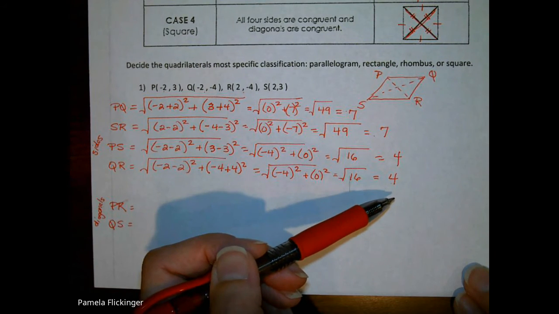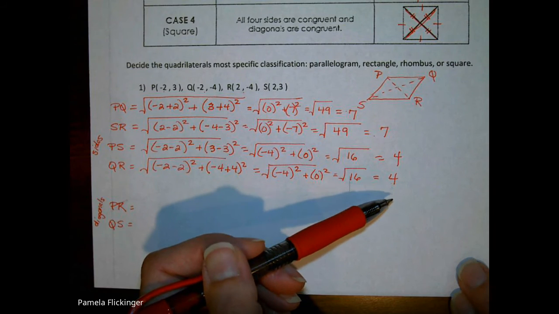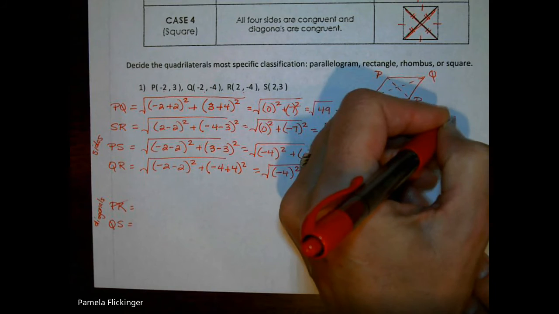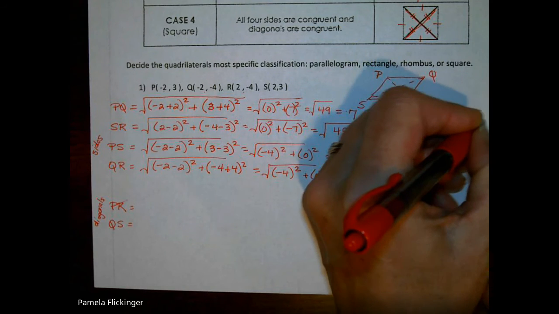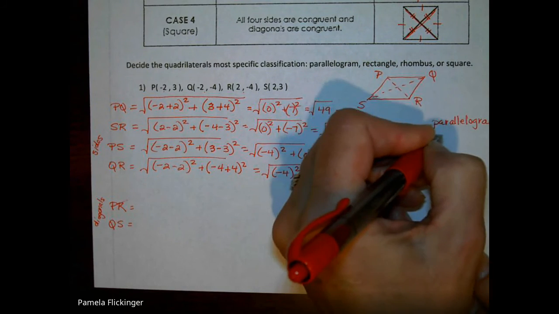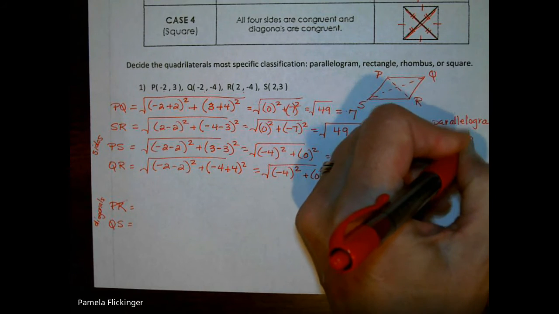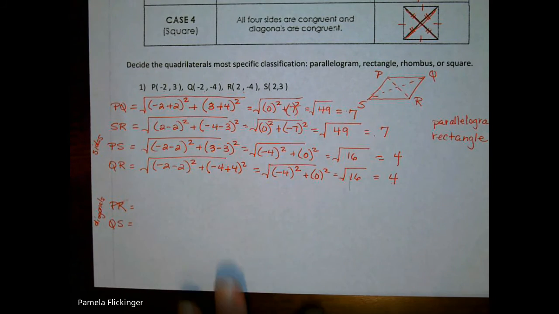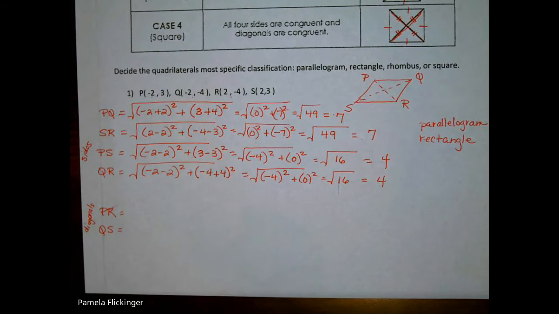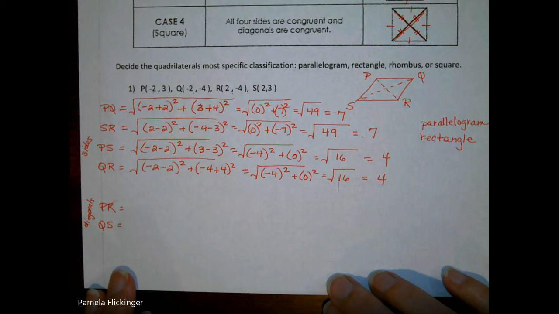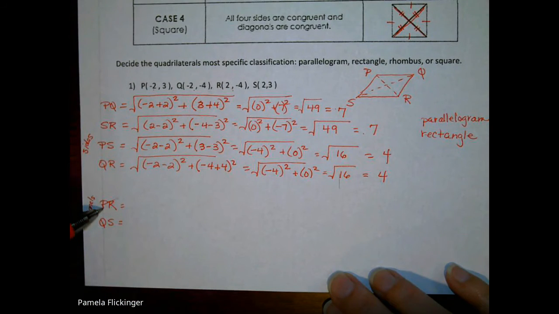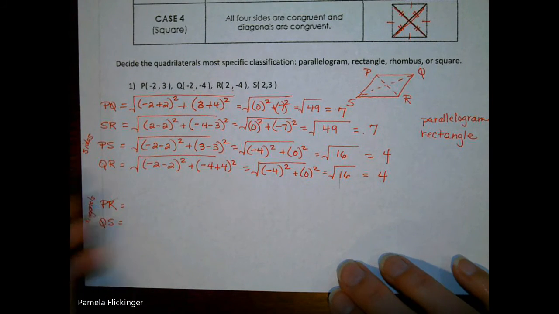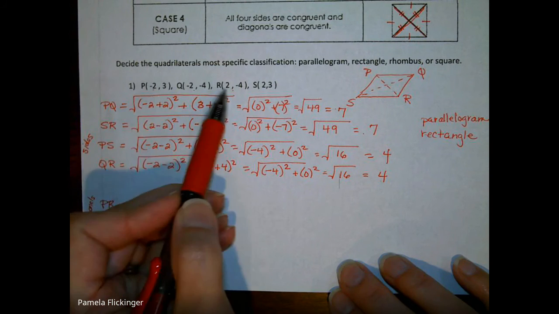All right, so I've narrowed it down at this point to either a parallelogram or a rectangle. Those are the two shapes that have opposite sides congruent, but not all 4. So let's check out the diagonals. All right, so segment PR. P to R is the first and third points.